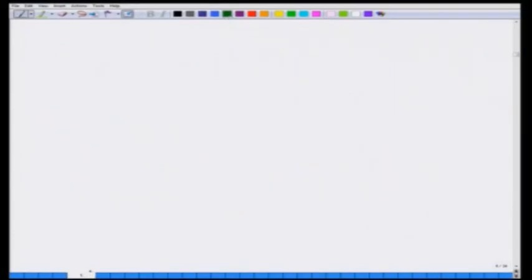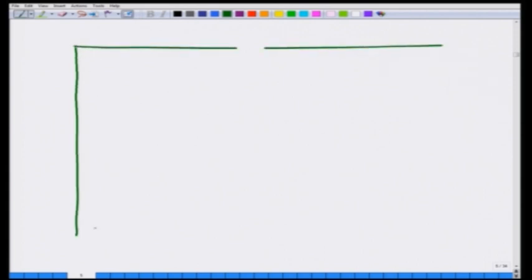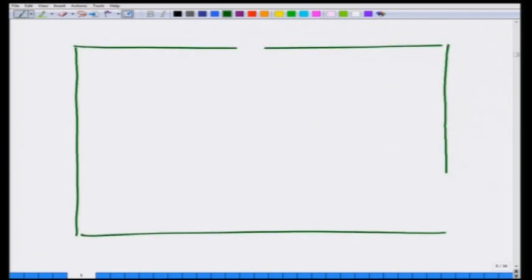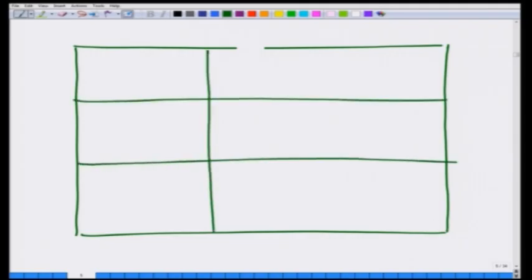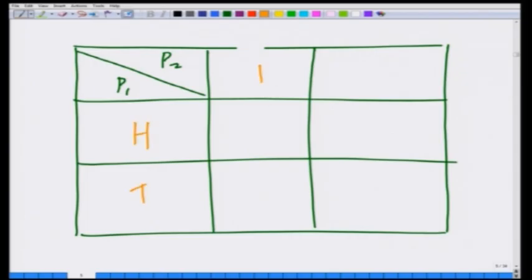So, that is the game, and similar to what we have done previously, let us formulate this in terms of the game table, which is a very convenient way to represent the game, and which all of you should be very familiar with. P1 and P2 have two options, to show heads or tails. If both show heads, then P1 wins, in which case he gets 1 rupee and P2 gets minus 1.